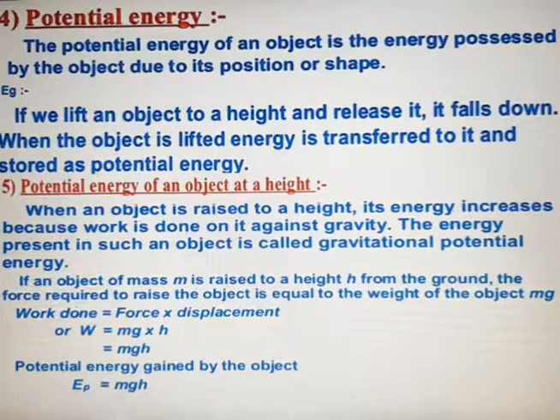So W equals mgh. We know that work done and energy are equivalent. So we can write potential energy equals mgh. That is, potential energy of a body depends on the mass of the body, acceleration due to gravity, and height.